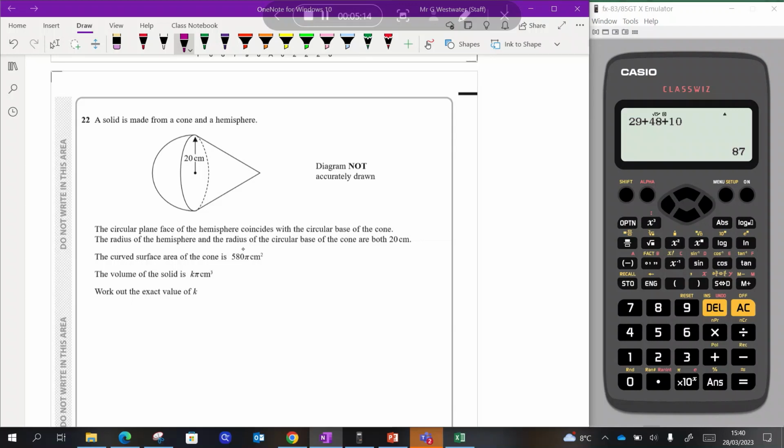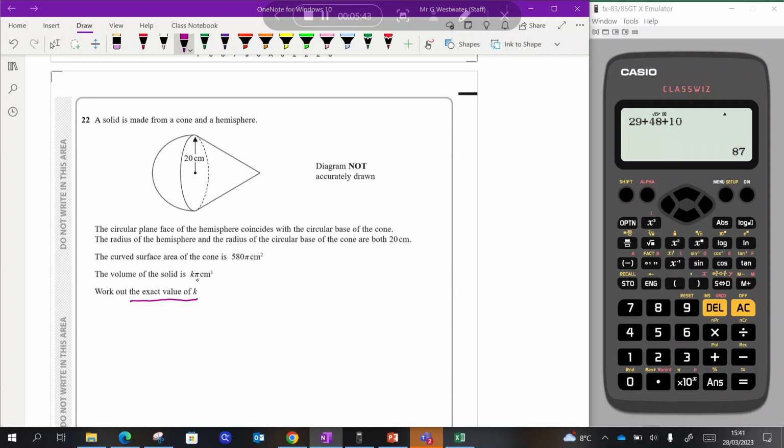The radius of the hemisphere and the radius of the circular base of the cone are both 20 centimeters, and the curved surface area of the cone is 580 pi centimeters squared. So that's just this sort of region around the outside, not the base. The volume of the solid is k pi centimeters cubed. Work out, now this is important, the exact value of k.